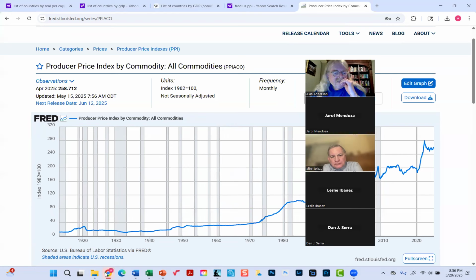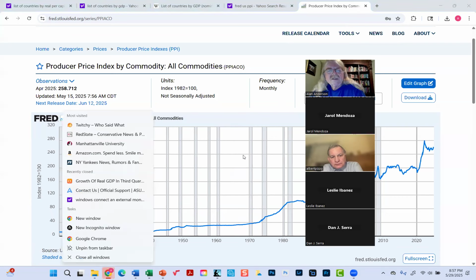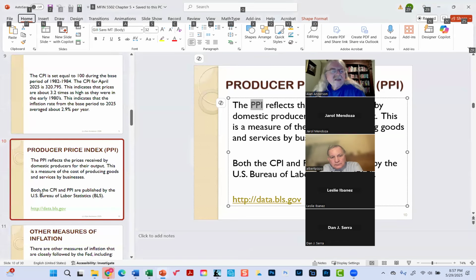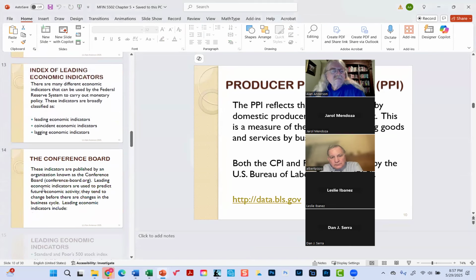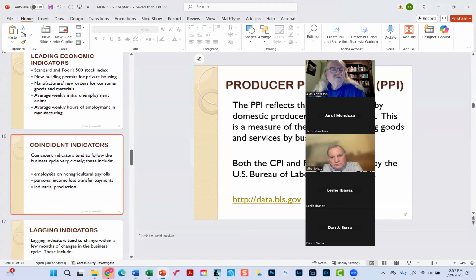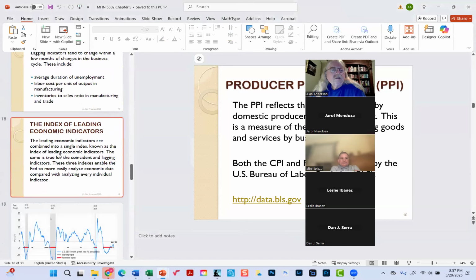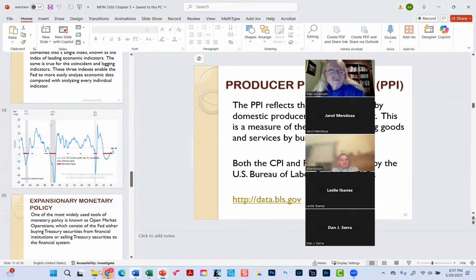Now, by the way, let's say you really want to look at these numbers every month or every quarter, as the case may be, and use it to decide what stocks maybe to buy or sell. Actually, there's an organization called the Conference Board where you can look up all these numbers.